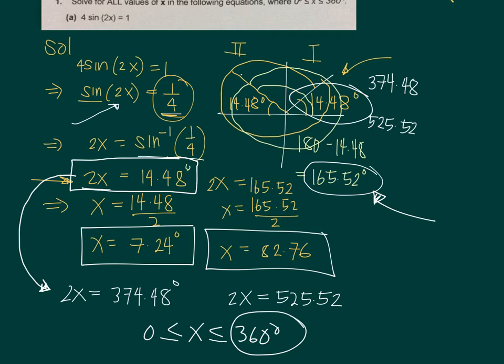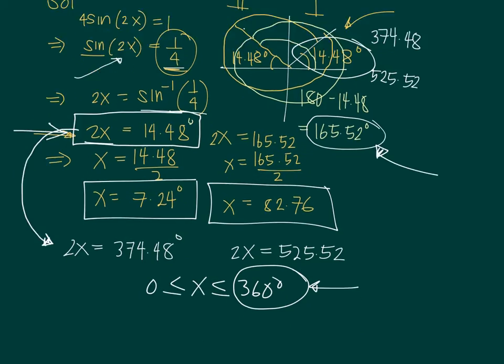These two angles are from the first quadrant, they're less than 90, and the limit is up to 360. So there are still small numbers. So we need to consider other angles by checking one more revolution from each value we got from the 2x.